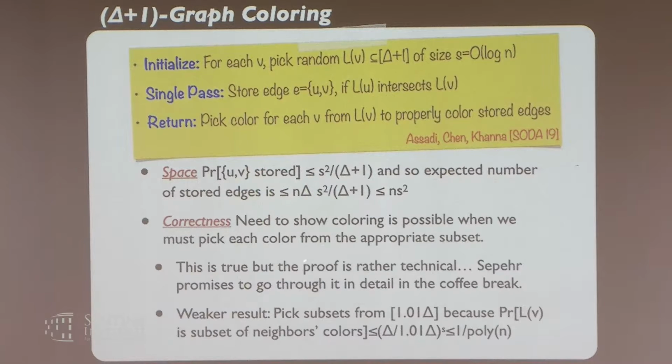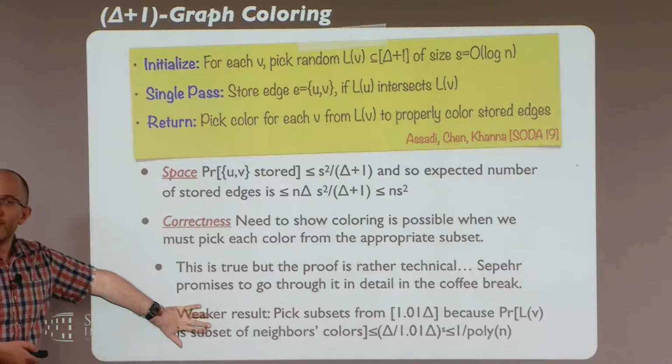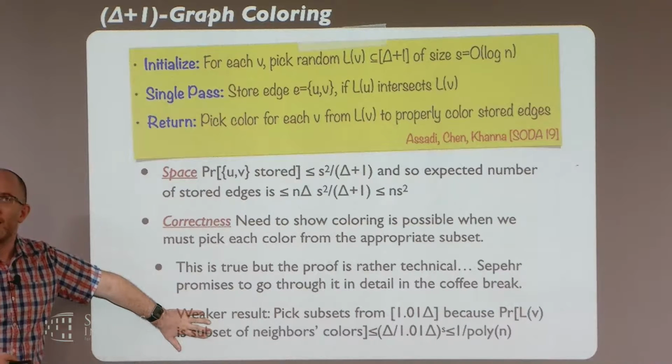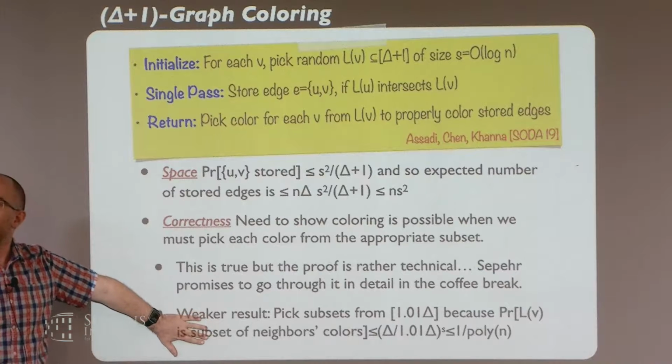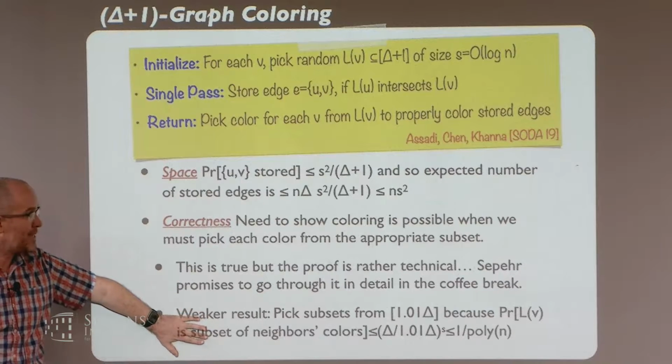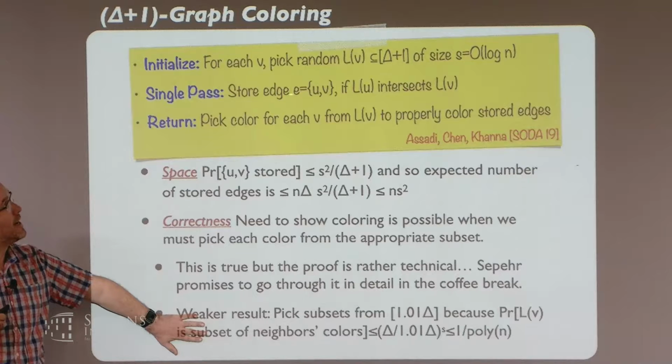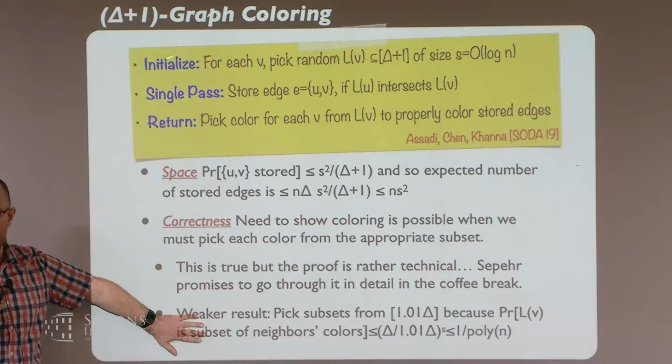The proof that it is correct is super technical, but Sepehr has promised everyone interested that he'll go through it in full detail over the break and lunch. He's already shown you a weaker result, which captures why something interesting could happen, but really doesn't capture the magic of the fact that his algorithm achieves this delta+1 coloring.